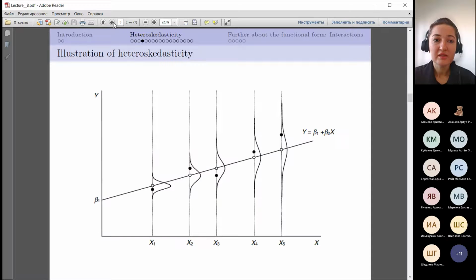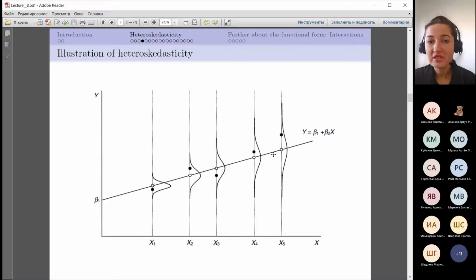But the problem is how it looks, first of all, of course. We continue the same example where we again have the same 5 observations, and again we discuss the problem of heteroscedasticity on the example of a simple regression model. But now if you compare the previous pictures with this one, you can notice that the variance of the disturbance term is increasing as x increases in this example, yeah?